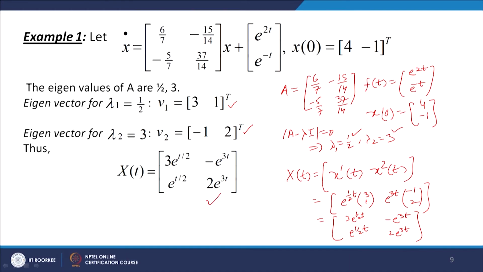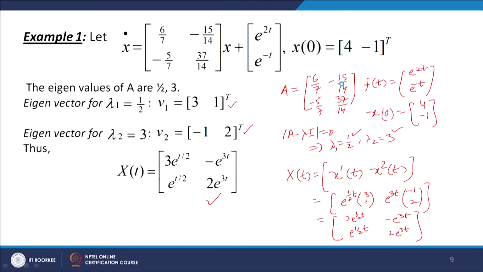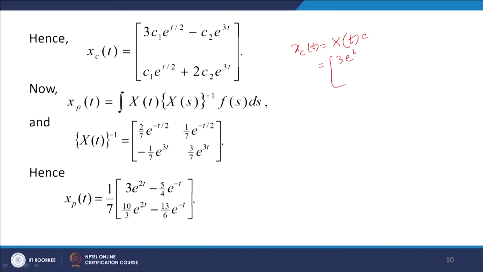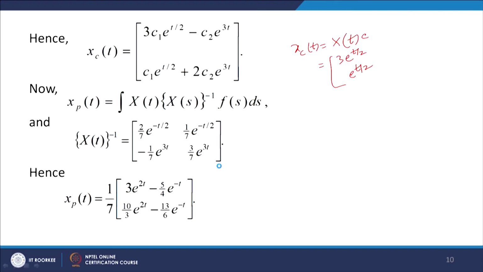Okay. Now, once we have the fundamental matrix with us, we can write X_c(t) = X(t) c, where X(t) has first column (3e^{t/2}, e^{t/2}) and second column (-e^{3t}, 2e^{3t}), multiplied by the vector (c1, c2).